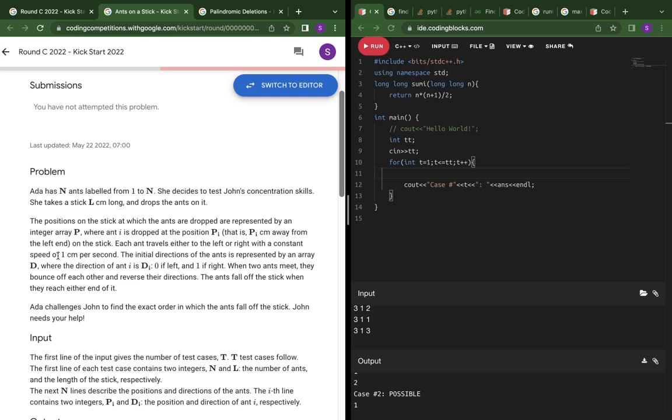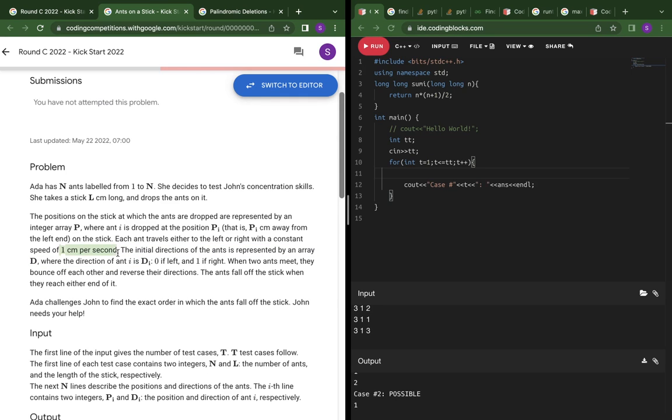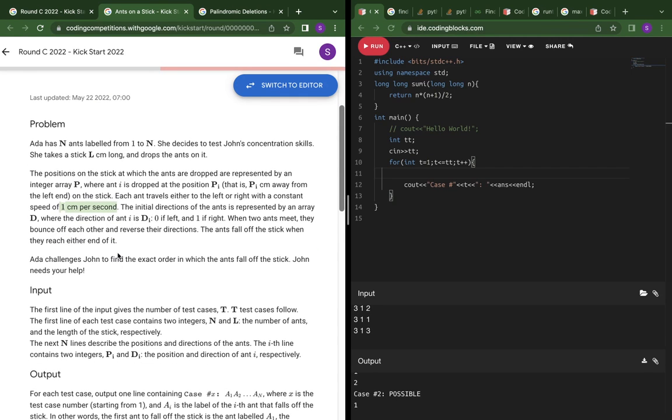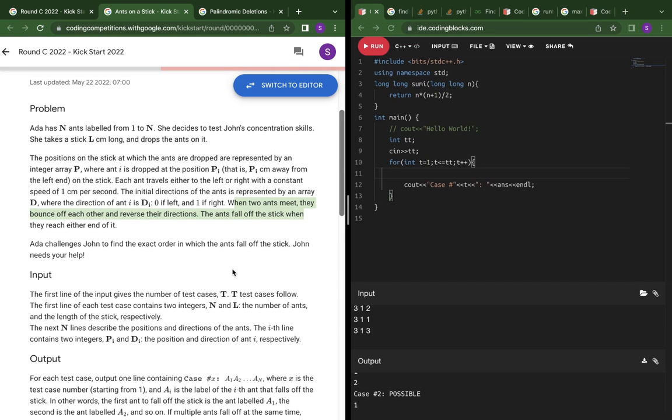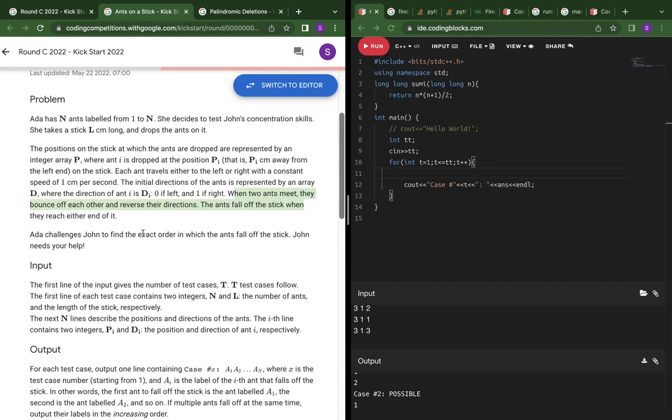All of them move with the same speed, that is 1 centimeter per second. When two ants meet, they bounce off each other and reverse their directions. When they reach either end of it, they fall. So now Ada wants John to find the order in which the ants fall off the stick.